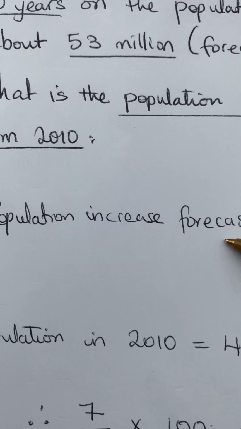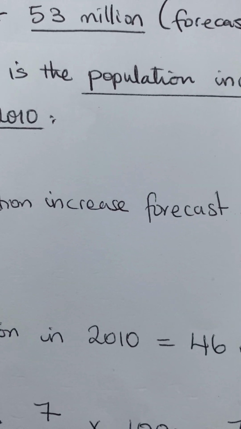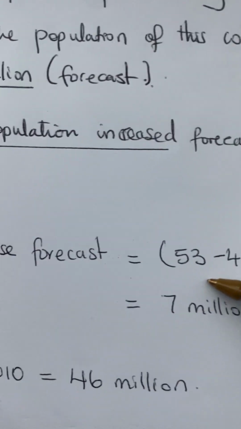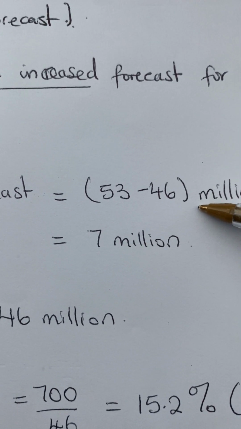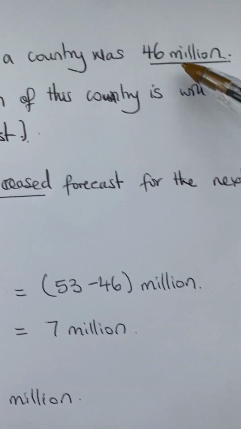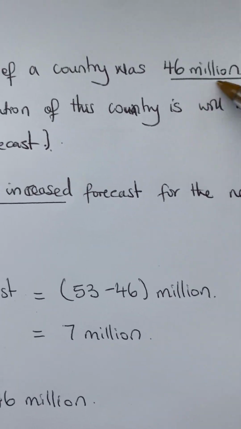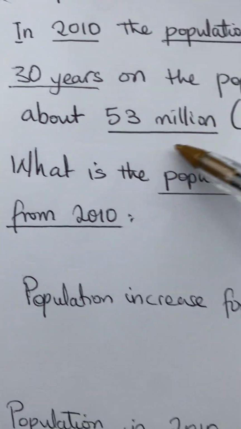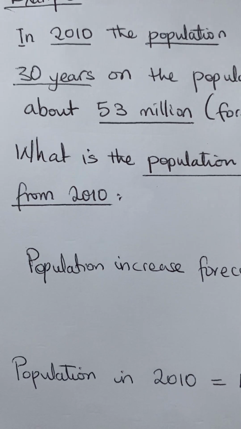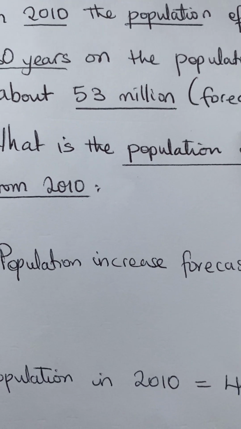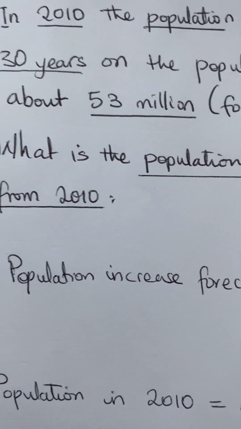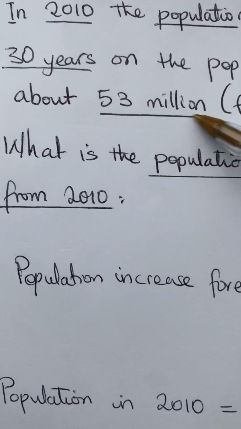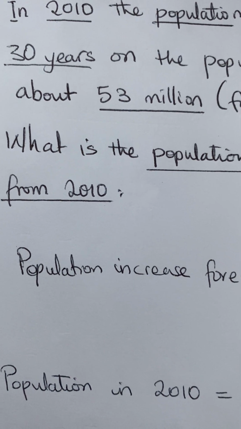So the population increase forecast will be 53 minus 46. And start making a habit of underlining the important questions, because if you do it long enough, in an exam situation, you will just be reading and underlining what you need.